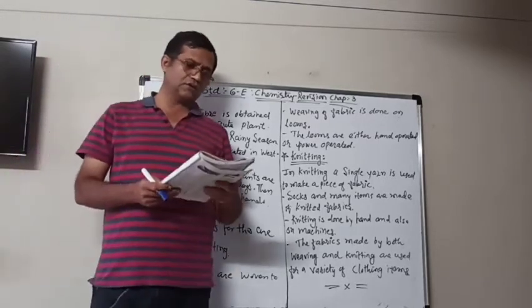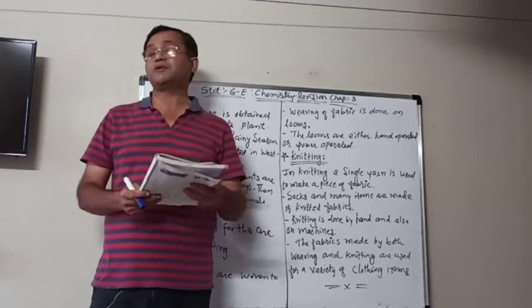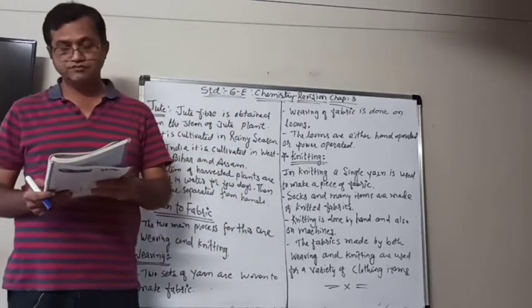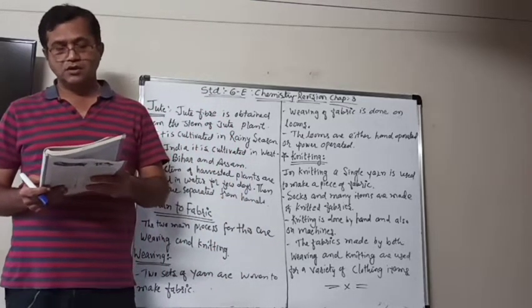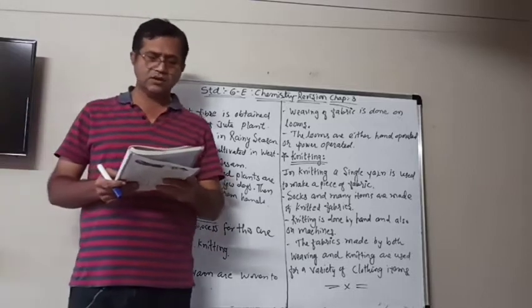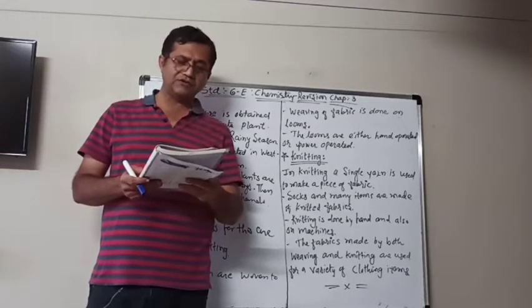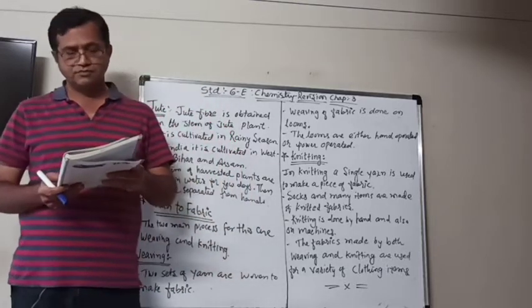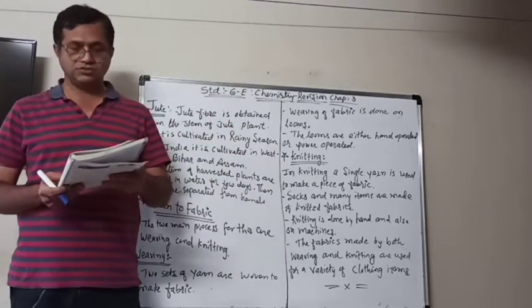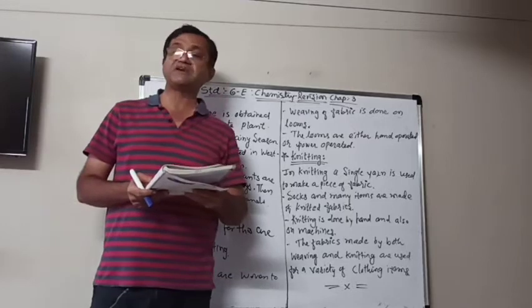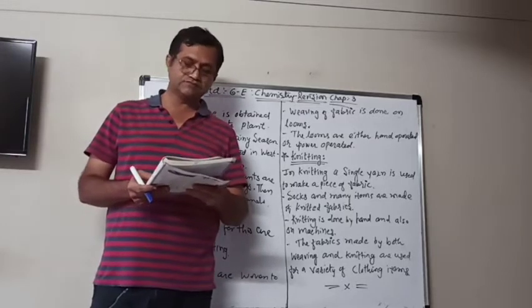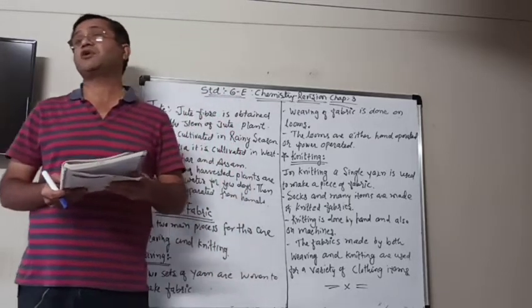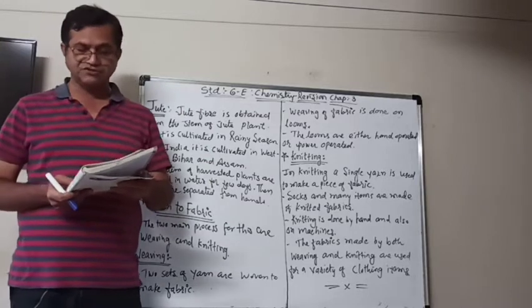Cotton is obtained from the cotton plants, which have fruits known as cotton balls. When they are matured, they burst open and then the seeds covered with the cotton fibers can be seen.